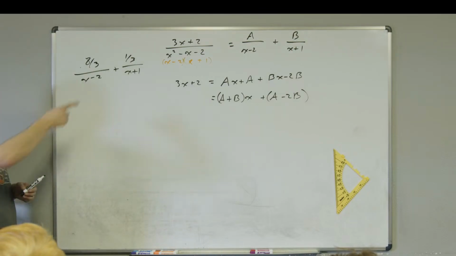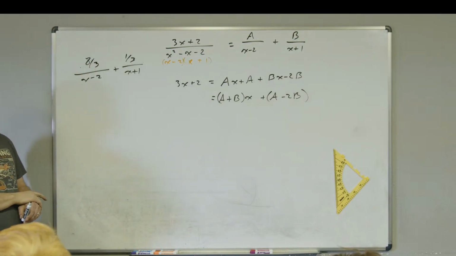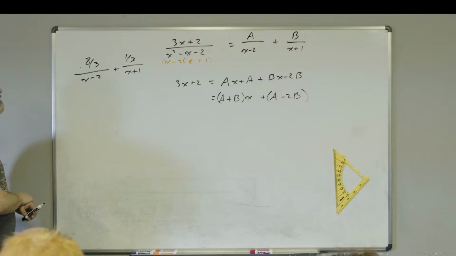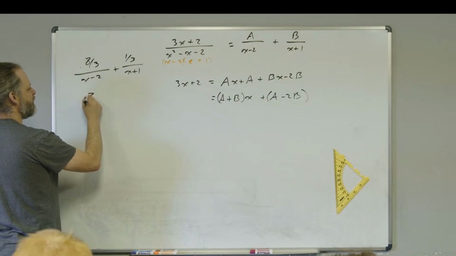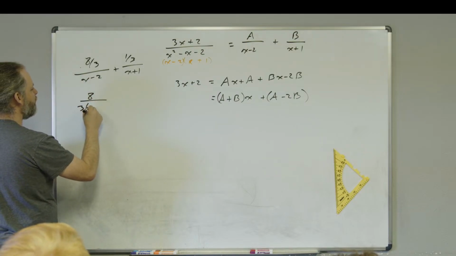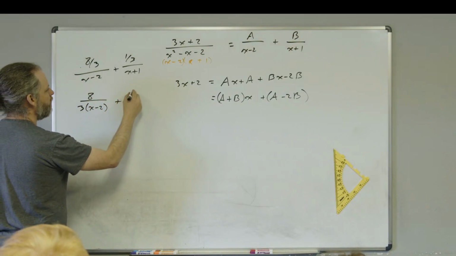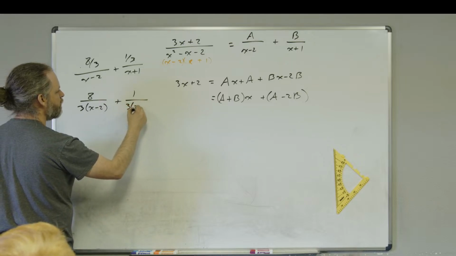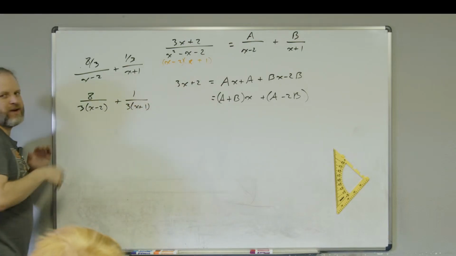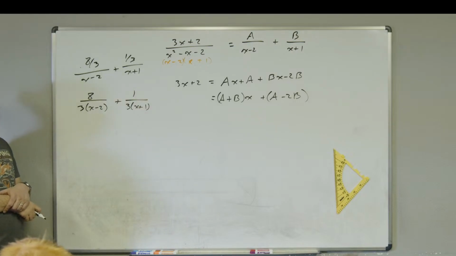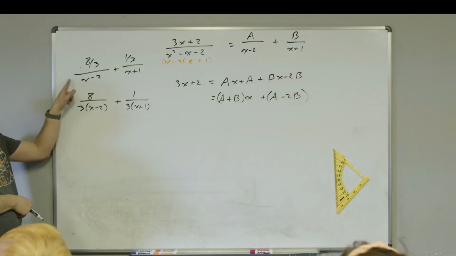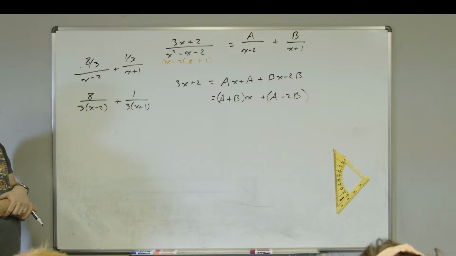No, because that's just going to put it back to that. No, rationalize it, is what I meant. It's not really rationalizing. Moving 3 to the bottom. Yeah, it's just going to be 8 over 3 times x minus 2 plus 1 over 3 times x plus 1. Do you distribute that? No, you wouldn't. Why is that a better answer than the other one? Because this one's a compound fraction. Compound fractions are ugly.